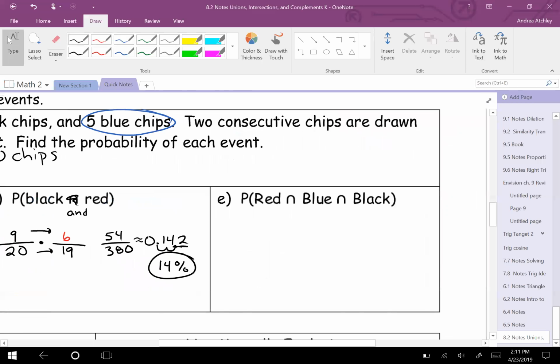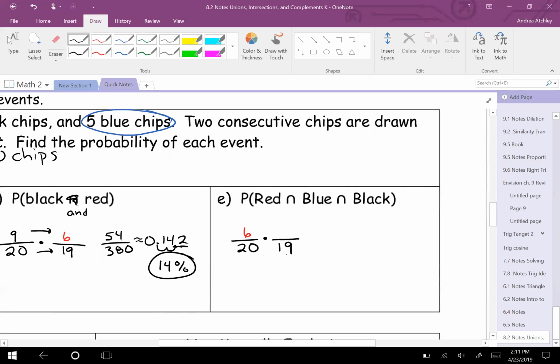Okay, now we're going to pull 3 chips out. So just like before, we start with 20. There are 6 red. Since I pulled one out, now I have 19 left.